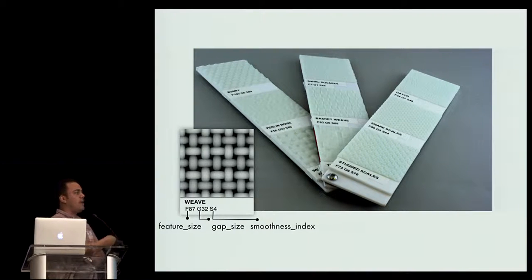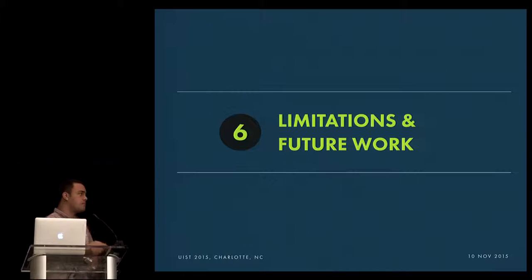We ordered these based on feature size, gap size, and a smoothness index that's referential to the set of textures that we created. This also assists with a very difficult problem within the product design community: there's a very limited language surrounding haptics.